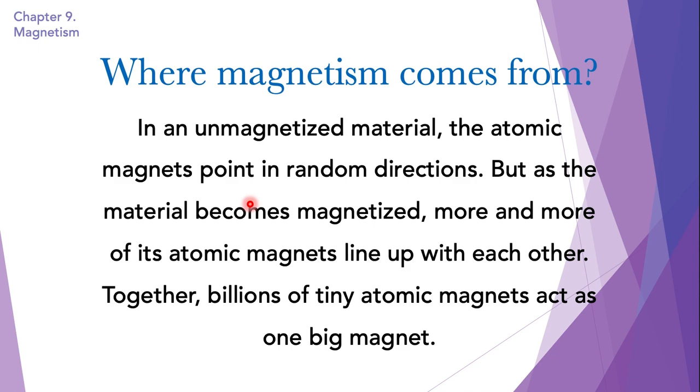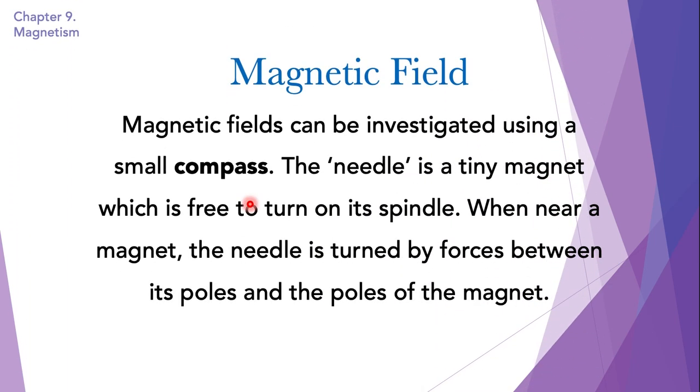So, speaking of magnetic fields, they can be investigated using a small compass. Now, the needle in the center of this compass is a tiny magnet which is free to turn on its spindle. So, when this is near a magnet, the needle is turned by the forces between its poles and the poles of the magnet.